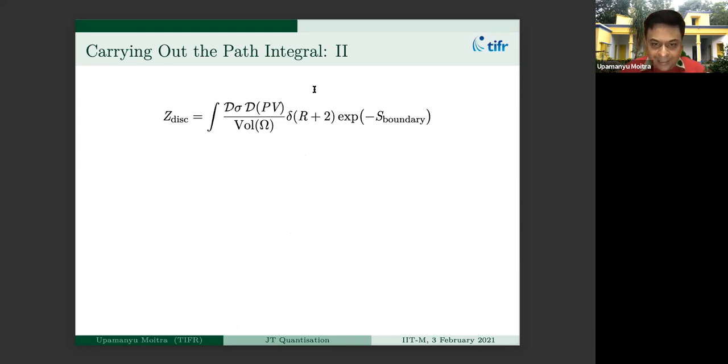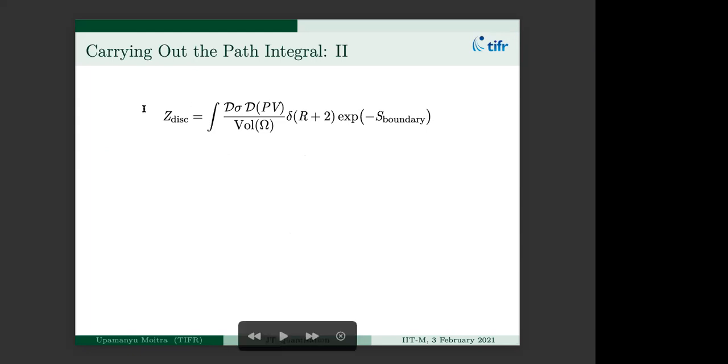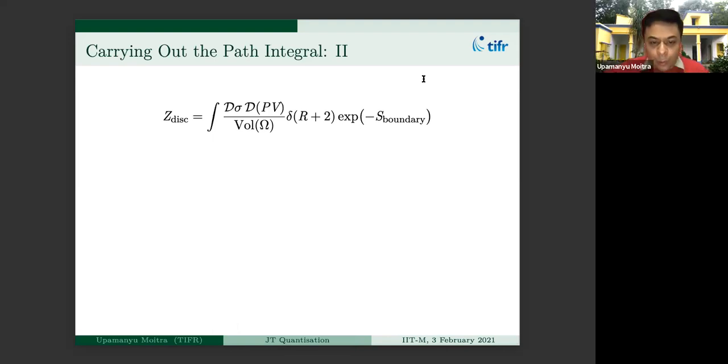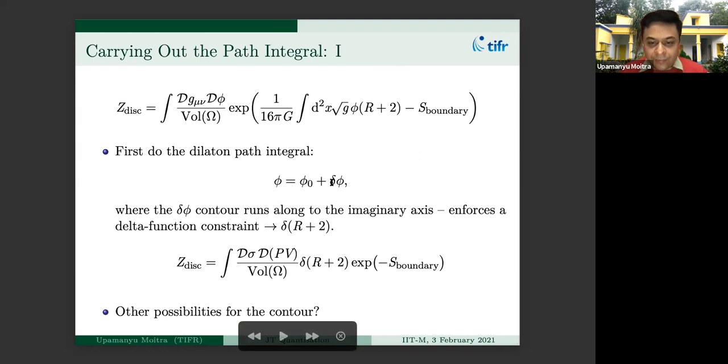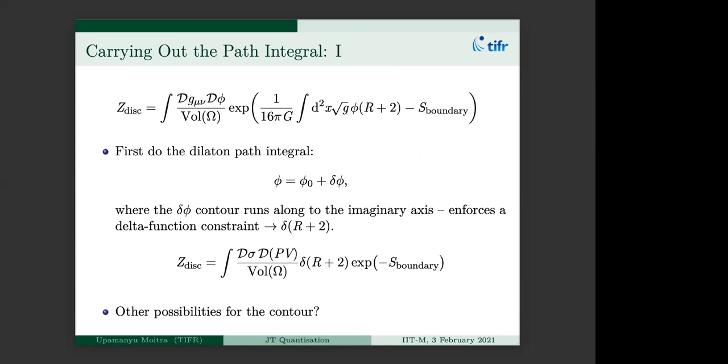So now we come to the second step. Sorry, Upamanyu, why only near extremal black holes? I thought the Liouville mode is naturally real if it's supposed to indicate some fluctuation of the metric in 2D. Yeah. So no, what I'm calling is this delta phi, this is along the imaginary axis. So this phi measures the volume of the transverse space. Yeah, but isn't that naturally real? Yeah, it is real.